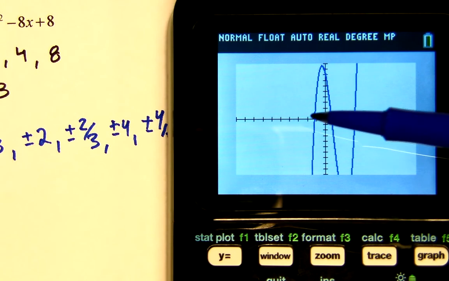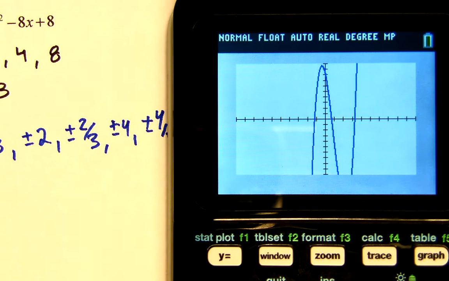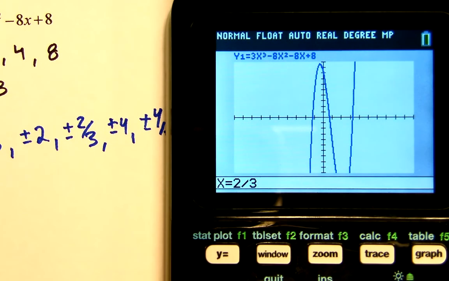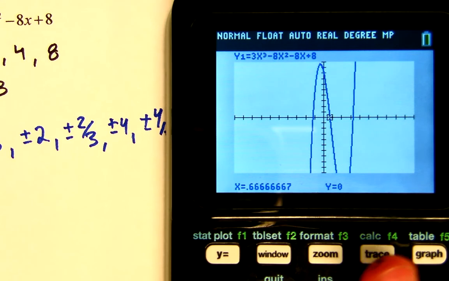So I need to start saying, maybe I should try some of the fractions on my list. Well, this is a little less than 1, but it's not quite 1 yet. So maybe we should try 2/3. So trace 2 divided by 3. And 2/3 was actually an answer.